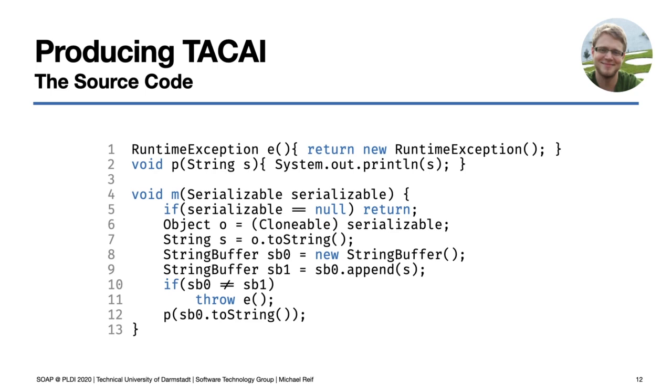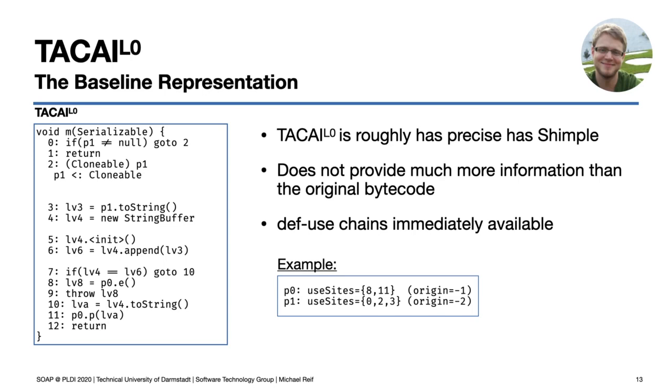And then we have an if check whether those are basically the same reference or not. And if not, we throw a runtime exception. That should basically never be the case, right? But we can't know from that code or from the bytecode. And then we call the p method to print a string, and we print a string from the actual StringBuffer.